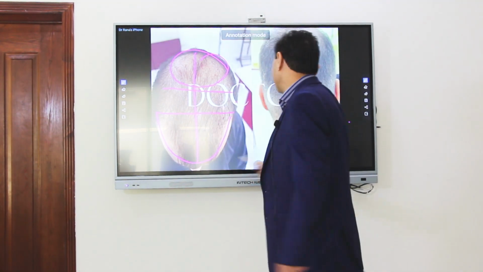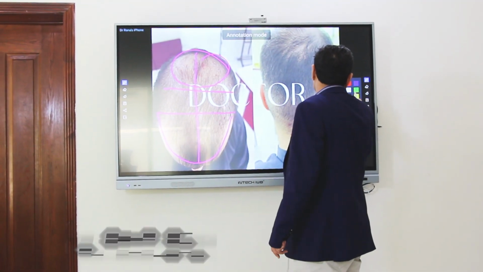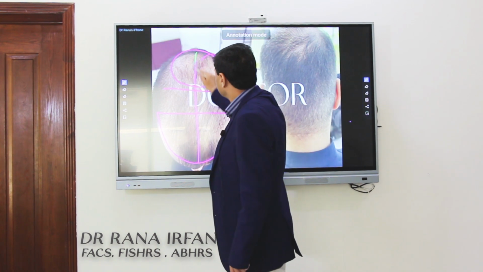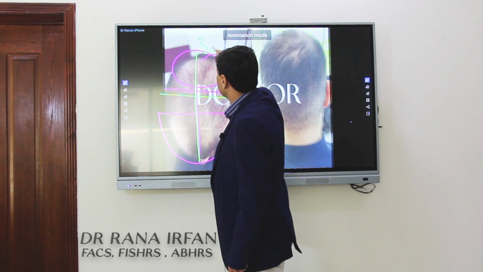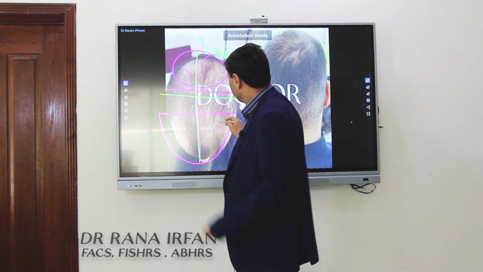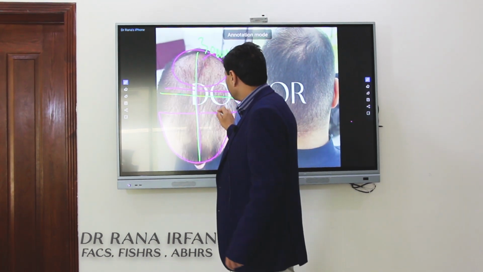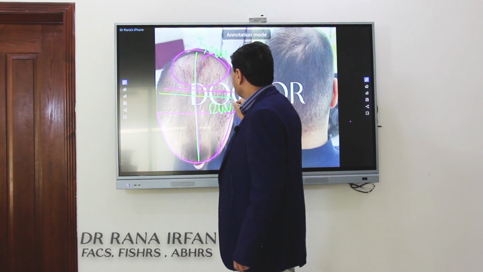The length, if I calculate in centimeters, may be more than 30 centimeters long and more than 12 centimeters wide.